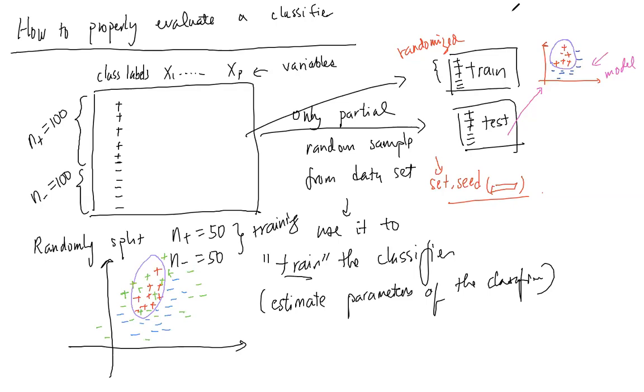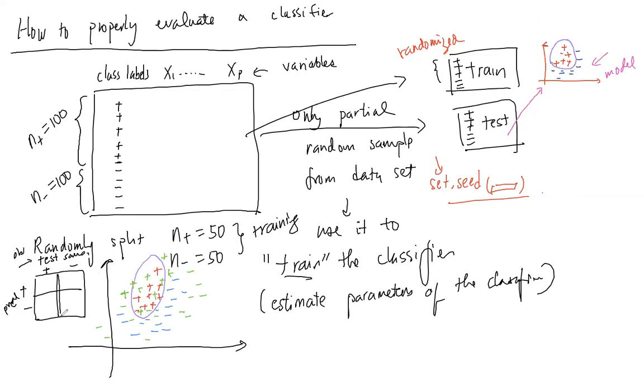And so on. So from here you will be able to get a classification matrix. This one is for the test samples. So this is plus minus, plus minus. This is the predicted, this is the observed, for the test sample.